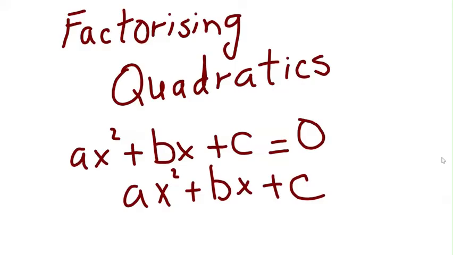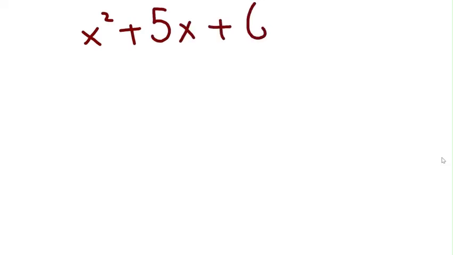So let's take question number 1. X squared plus 5x plus 6. You have to make factors of 6, the third term, c, in ax squared plus bx plus c.